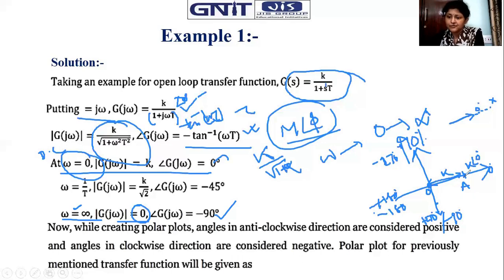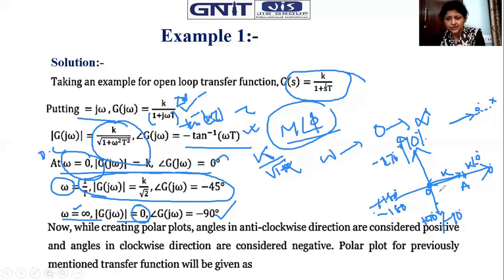So how could you represent it? With the intermediate, you can also find the intermediate magnitude as well as frequency. With respect to frequency, that is 1 by tau, 1 by the time constant we are considering over there. So K by root 2, because K divided by 1 plus 1, root under. So you are getting K by root 2 with angle minus tan inverse of omega by 1, that's minus 45.